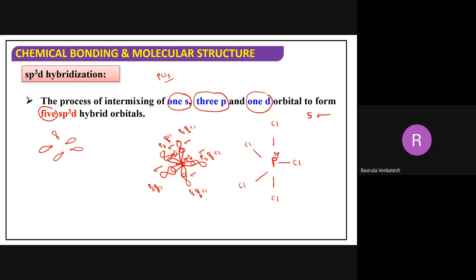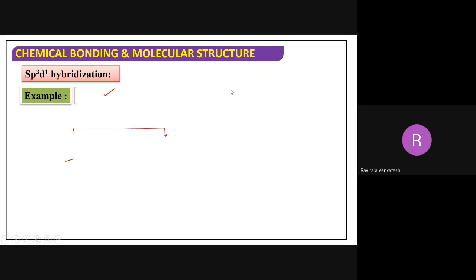And what is overlapping here? This is sp3d, and this one is the p orbital. So sp3d, p overlapping is taking place. How many? 5. Here, 1, 2, 3, 4, 5. This is called PCl5. Okay.